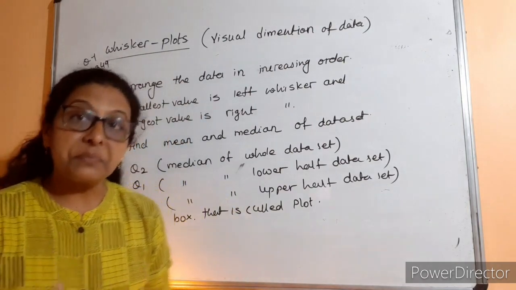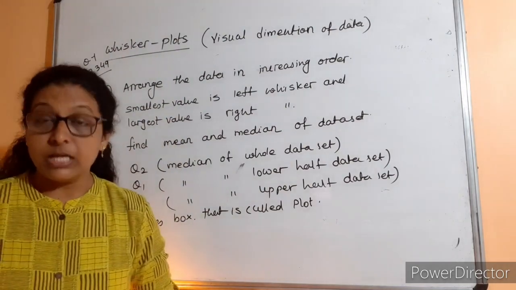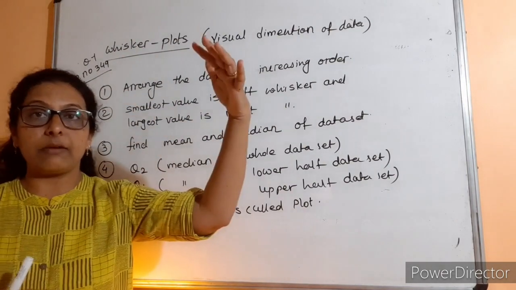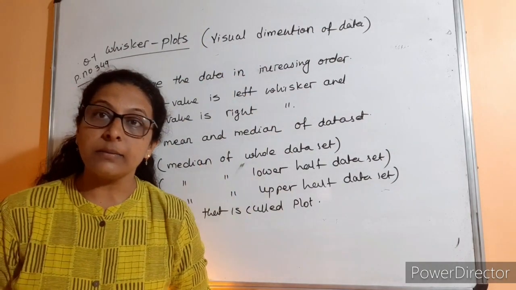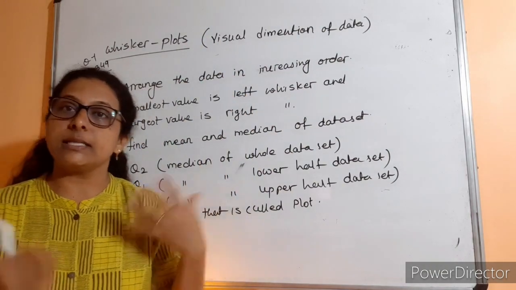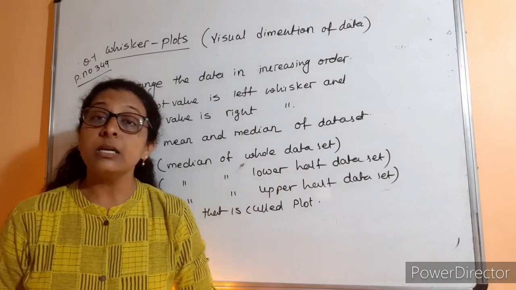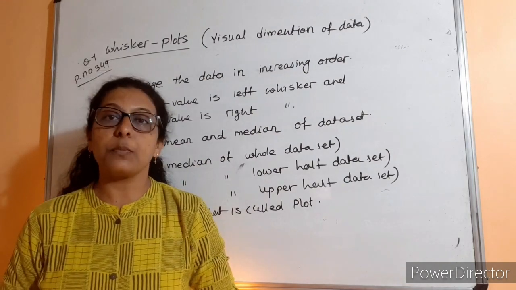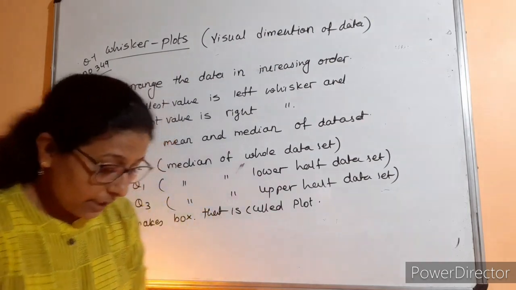For comparison purposes, this graph is used. So whenever there are two or more plots in a single graph paper, we can compare the medians of the data, which data has the greatest value and which has the highest or lowest value, that we can find from the whisker plot graph.